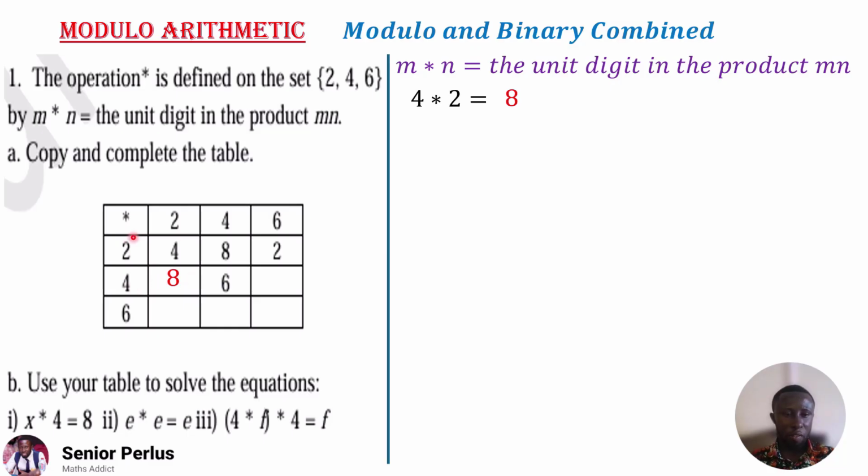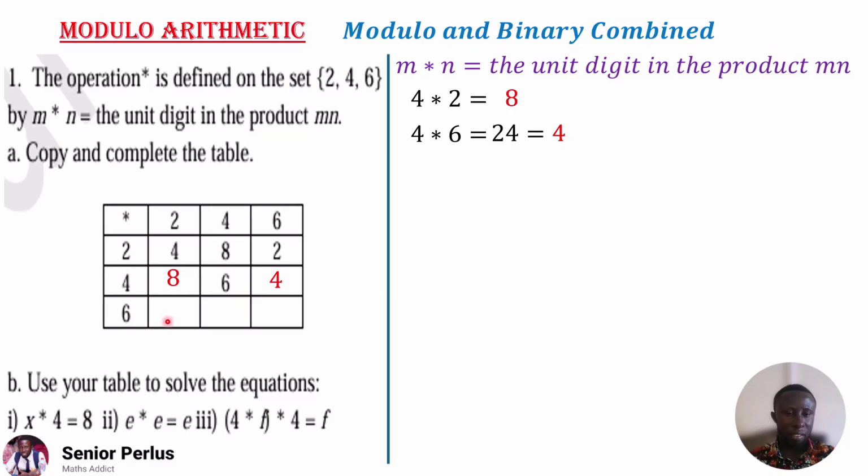So 4 again, 4 star 6, that's 4 times 6 is 24. Good. And it said the unit digit in the product mn. So the unit digit here is 4. This is the unit digit, and this one is the tens. So that one is 4. Very nice.